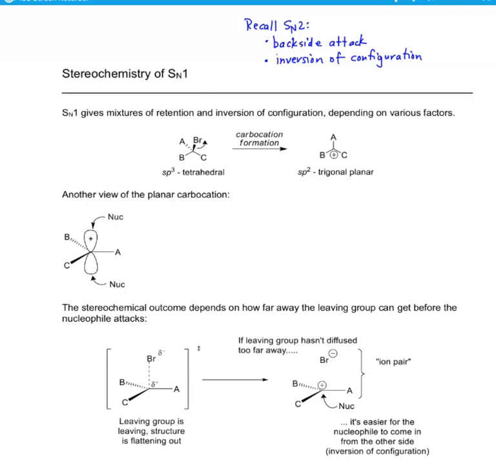SN1, on the other hand, now we want to look into the stereochemical outcome of SN1. SN1 can give mixtures of what we call retention and inversion of configuration, and that depends on various things. First of all, retention just means to be retained. So that means the configuration stays the same from starting material to product.